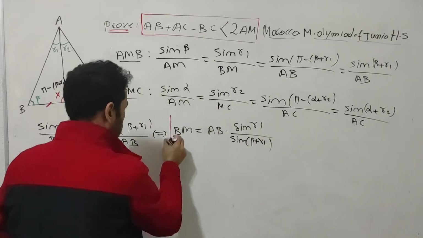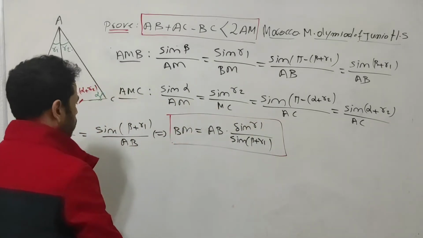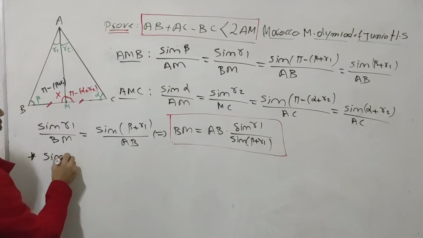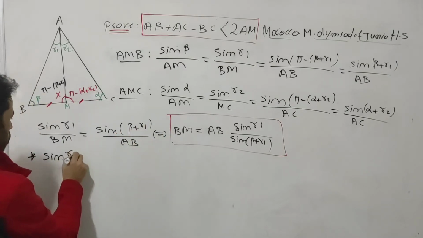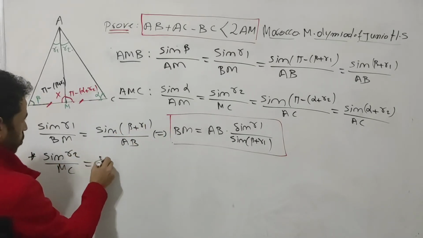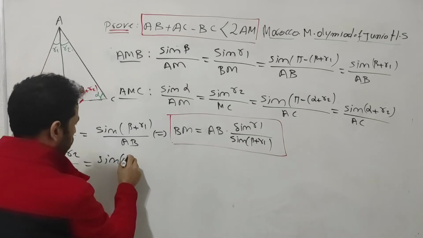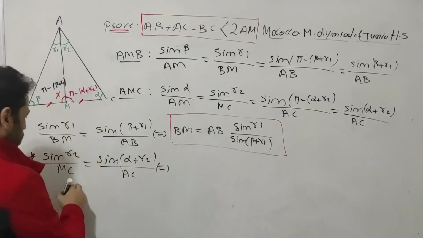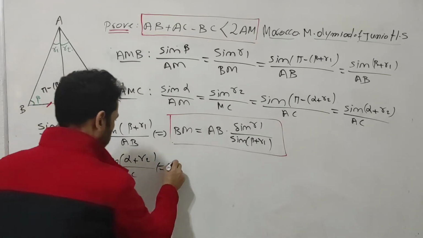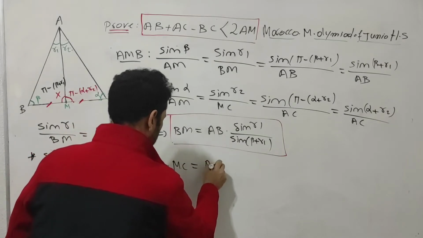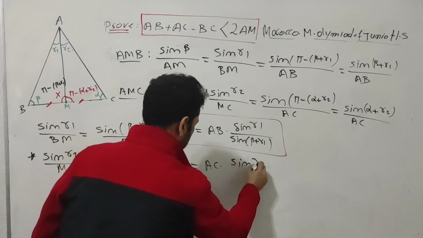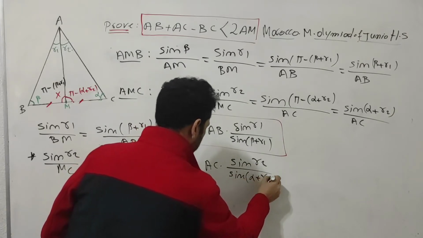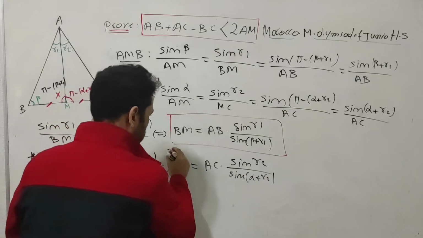Here is the first equation. For the second equation, I have sine of gamma 2 over MC equal to sine of alpha plus gamma 2 over AC. I'm doing the same thing, pulling out MC from this equation. I will have MC equal to AC multiplied by sine gamma 2 over sine alpha plus gamma 2. Here is the second equation.